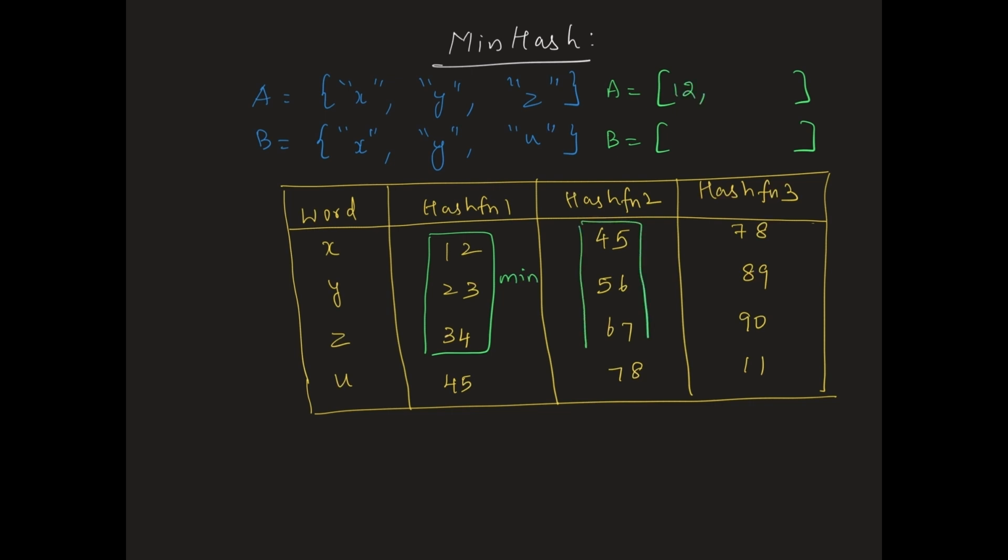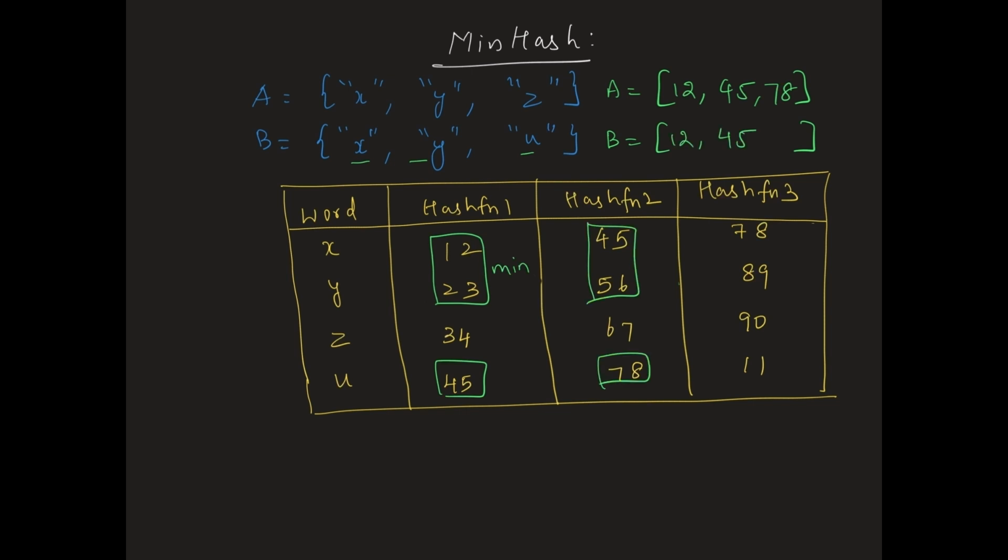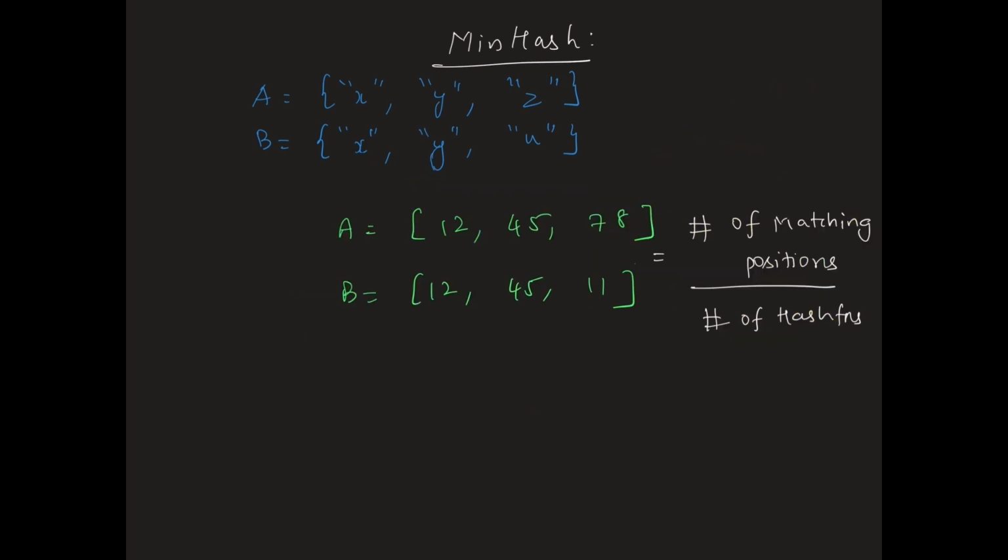This gives us the minhash signature for each doc. The Jaccard similarity is approximated by comparing the minhash signatures of the two documents. Specifically, we count the number of positions where the hash values match, divide by the total number of hash functions.